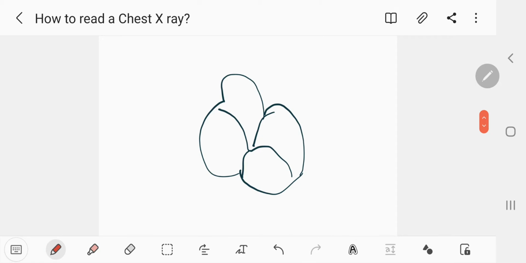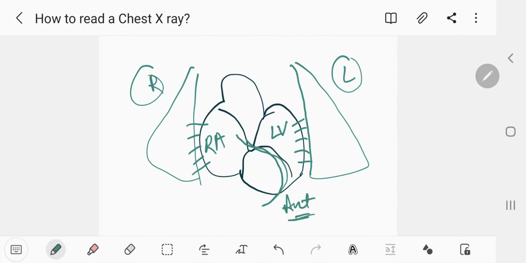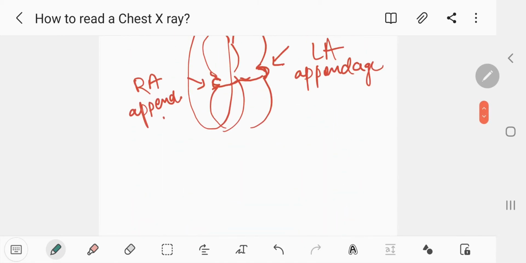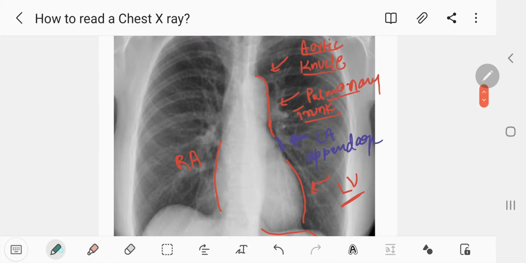So when you have lungs on both sides of the heart, the left ventricle forms the border of the left lung, and the right atrium forms the medial border of the right lung. The right ventricle is actually present anteriorly, so it doesn't contribute to any borders of the lung, and that is why this border represents the right atrium rather than the right ventricle.